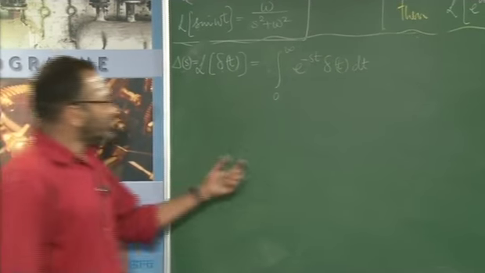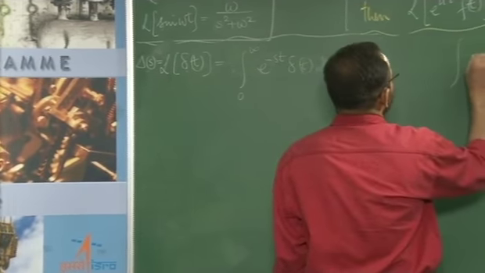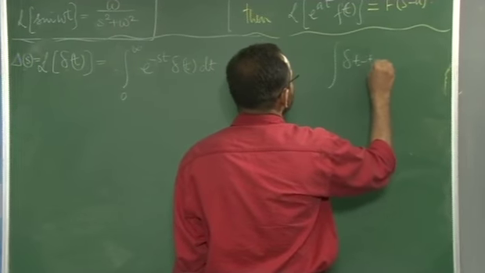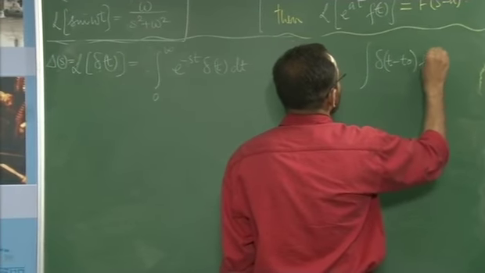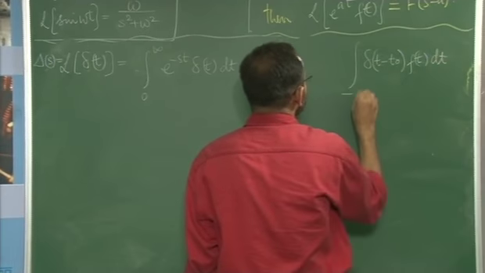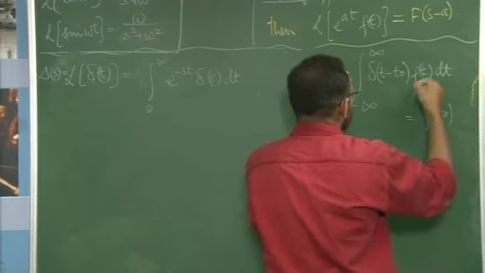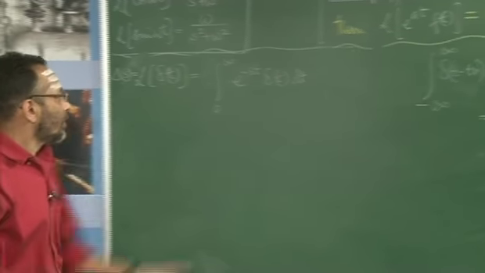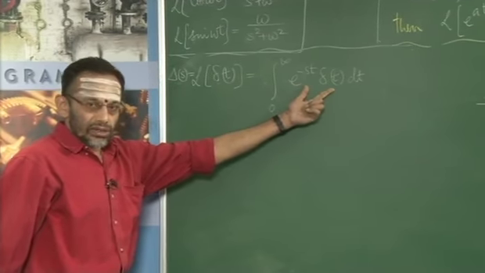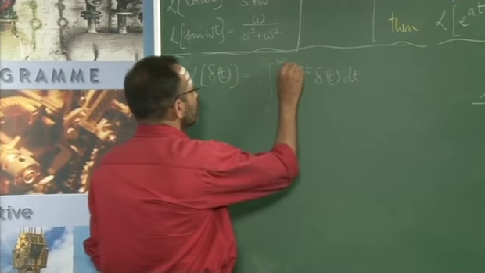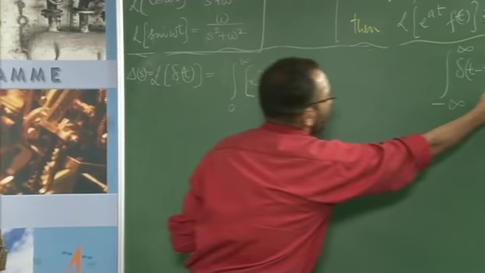Now, you could have seen this, let me recall, the integral of delta of t minus t naught times f of t dt from minus infinity to infinity takes the value of the function only at that point t naught. Now, this is the same as delta of t minus 0. This plays the role of f of t here.